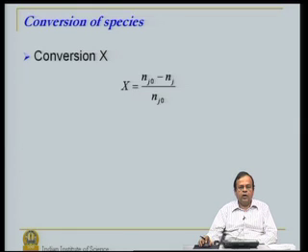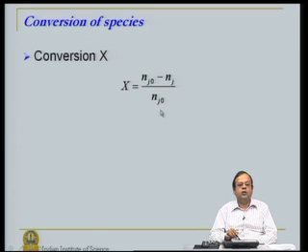I define my conversion as X equal to Nj0 minus Nj divided by Nj0. I am now defining conversion for a species, no longer for a reaction.